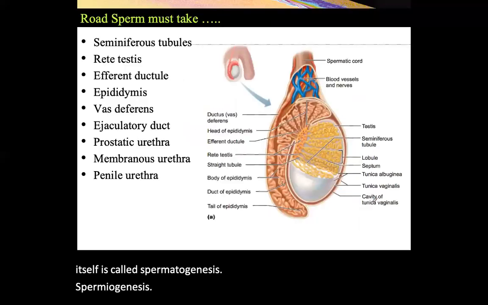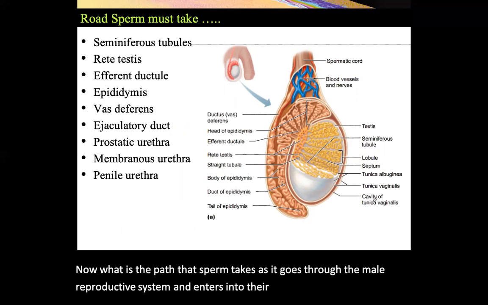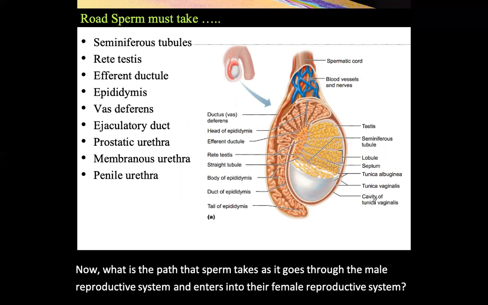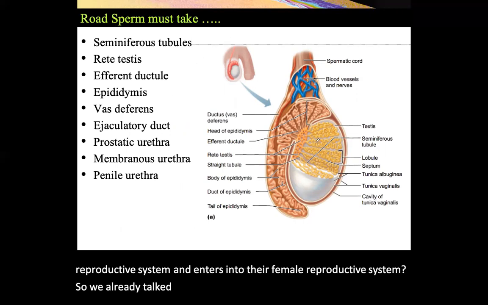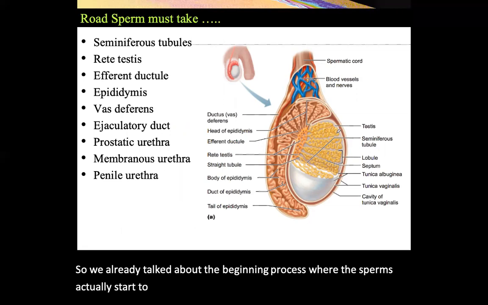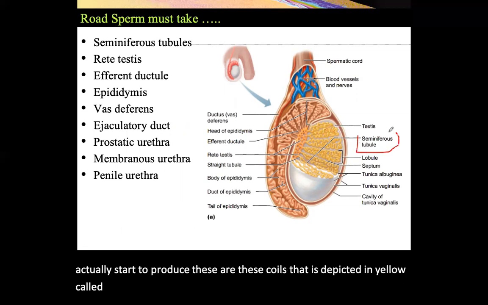Now, what is the path that a sperm takes as it goes through the male reproductive system and enters into the female reproductive system? We already talked about the beginning process where the sperm actually start to be produced. These are the coils depicted in yellow called the seminiferous tubules.